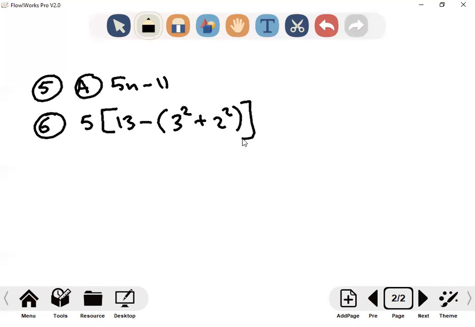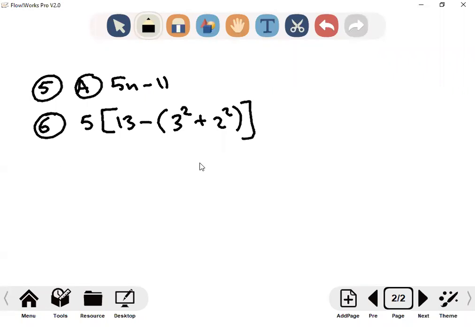Like this, right? The first thing we go to is the parentheses. We have two parentheses or brackets inside each other.